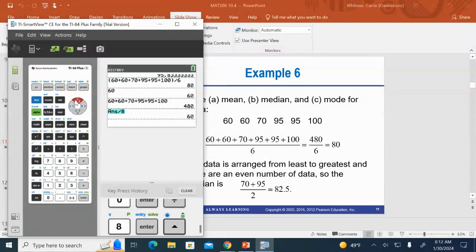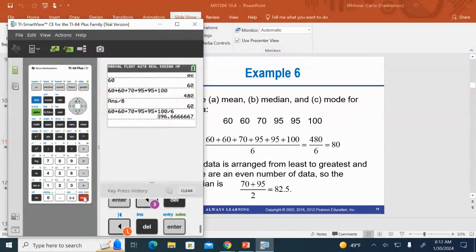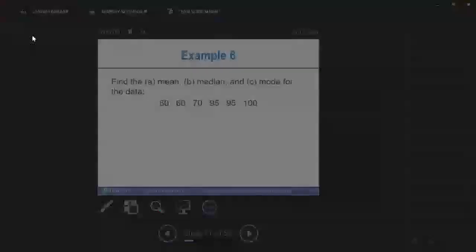But if I type it in all in one step without these parentheses, then it thinks that you are only dividing the 100 at the end by 6, not that whole numerator. So if I type it in that way, it's going to give me the wrong answer. But it'll be pretty obvious if you do, because is that our reasonable answer? No. Okay.